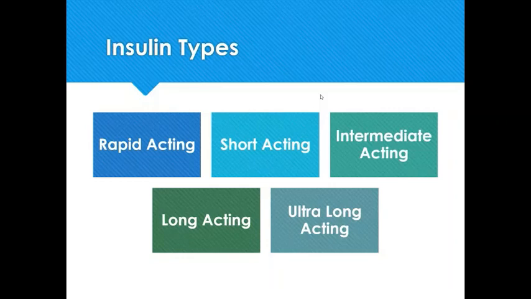Intermediate-acting, that's your Humulin Ns and Novolin Ns, duration of action 12 to 16 hours. Long-acting Levemir or Lantus has a duration of action of 24 hours, and ultra-long-acting Toujeo has a duration of action of 36 hours.